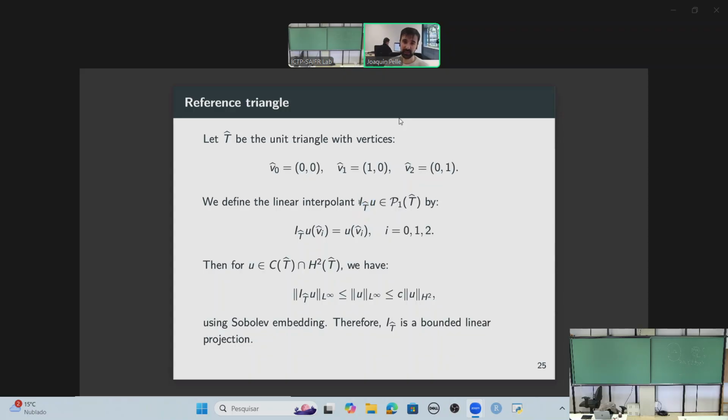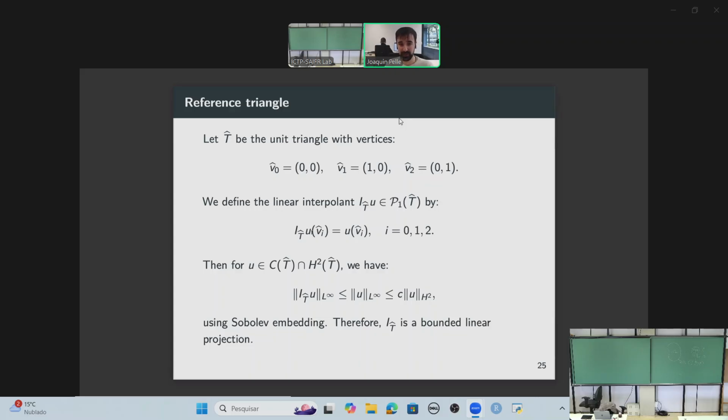What does this linear interpolant do? It takes a function u, and it gives a projection, which is called the linear interpolation of u, which is a linear polynomial that evaluates to the same values as u on the vertices of the triangle, right? So this is the way we define the linear interpolant.